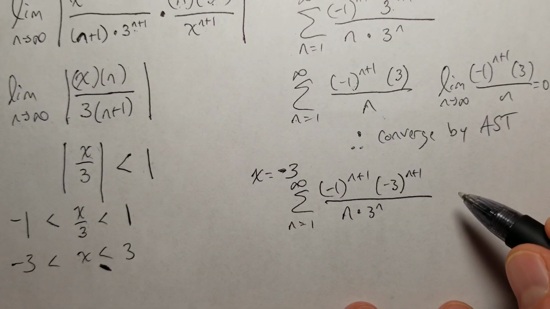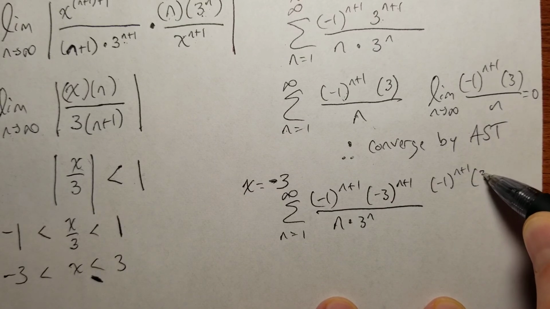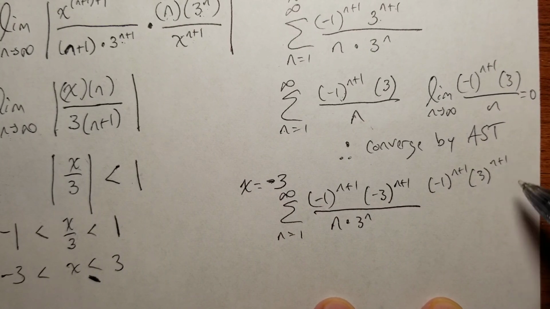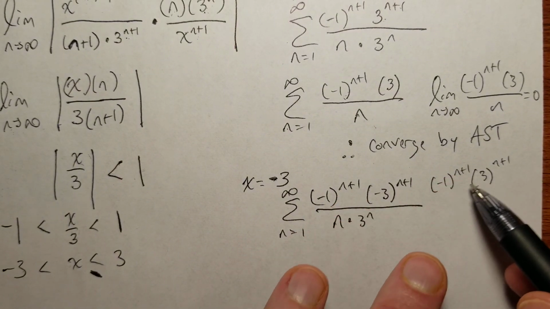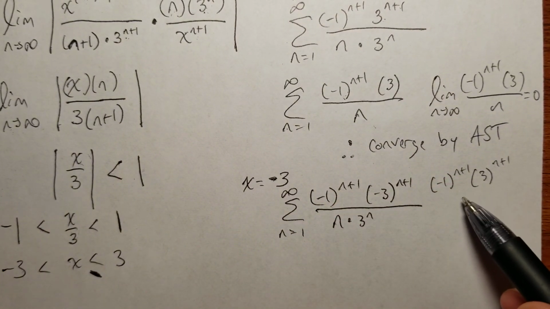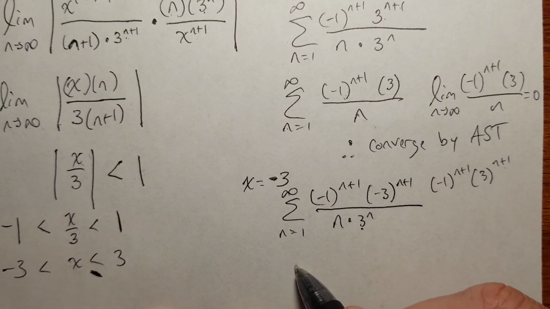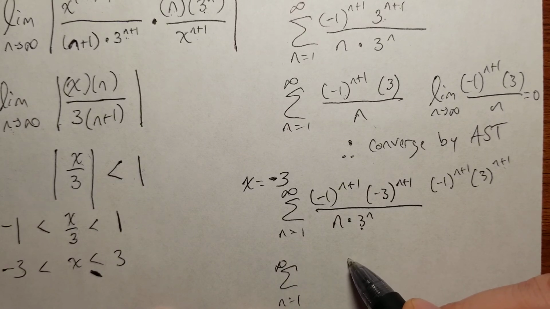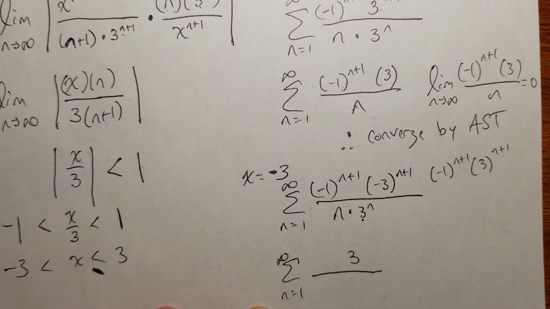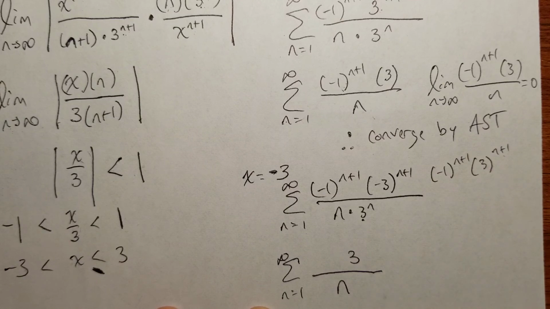I'm going to just say that this is -1 to the n plus 1 times 3 to the n plus 1. They have like base, or because they're to the same exponent, we can split the bases in this fashion. And now I think 3 to the n plus 1 over 3 to the n, I'm going to get a simplification like before, right? Where I end up with the additional factor of 3 in the numerator. Just like before, n in the denominator is going to stay there.